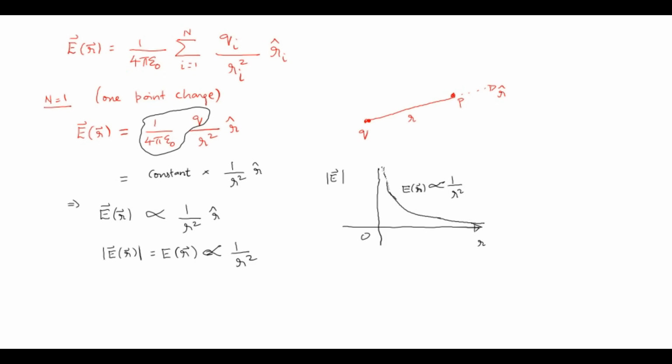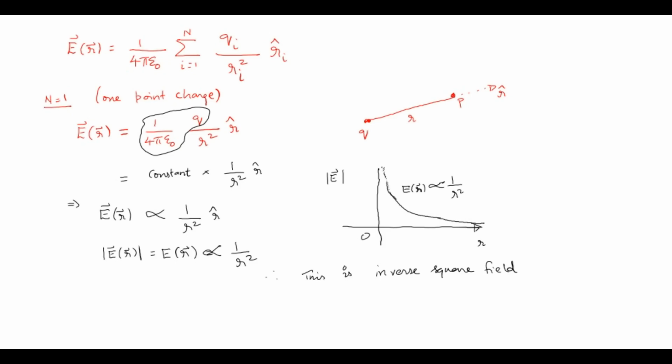And notice that this varies like inverse square, therefore this is also called an inverse square field. The electric field is an inverse square field because Coulomb's law is an inverse square law.